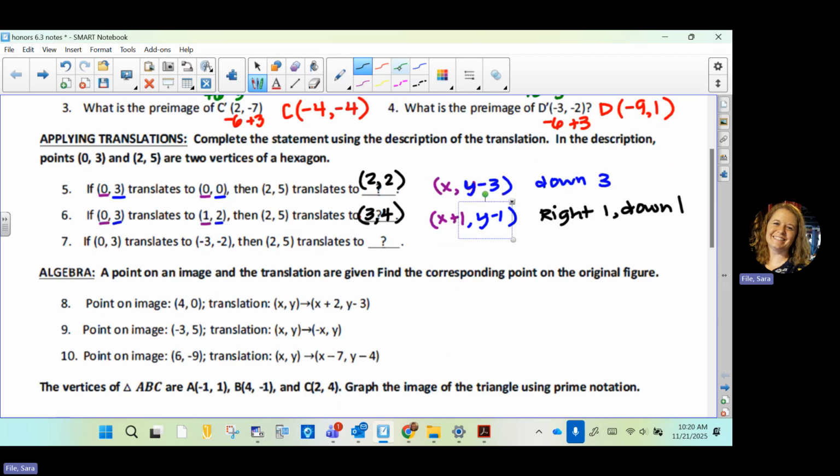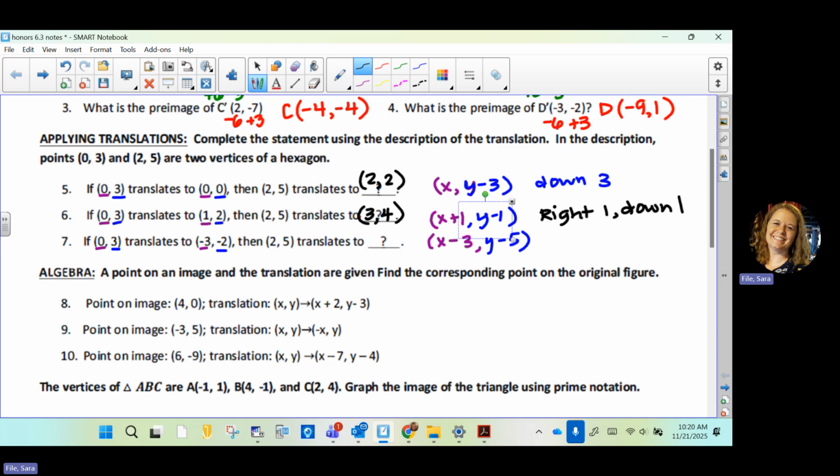Okay, one more like that. So the x goes down or to the left 3, subtract 3 from the x, and then the y went down 5. So I wrote this one in words, or both of these in words. You could also just use arrows.